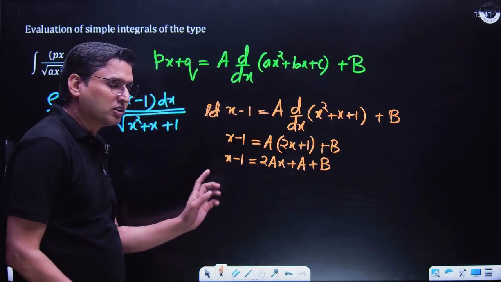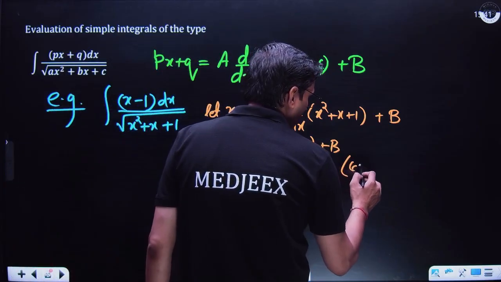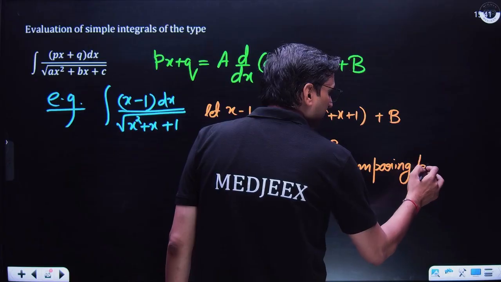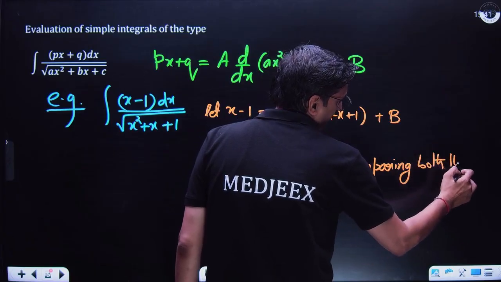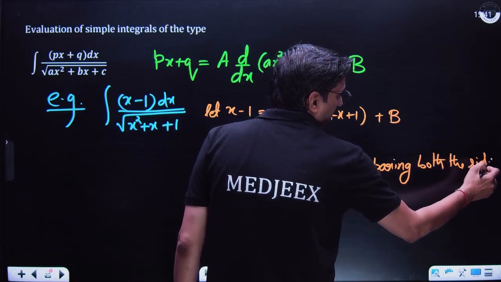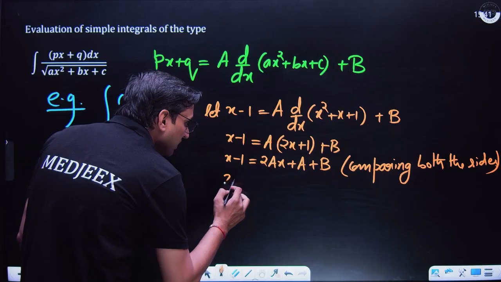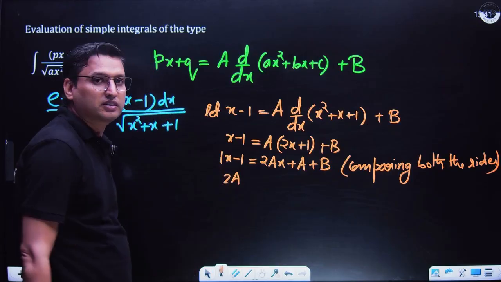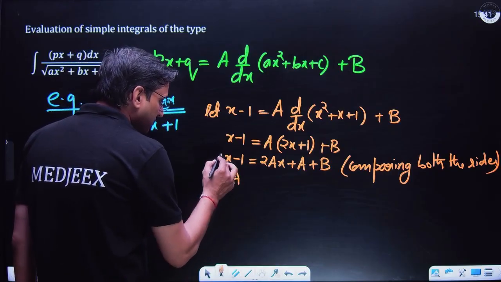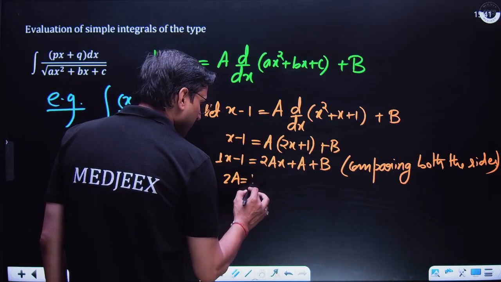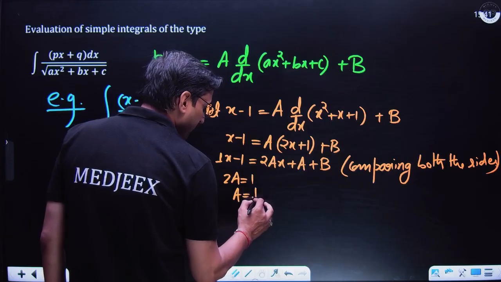Now comparing both sides, the coefficient of x is 1. Then 2a will be 1 and a will be 1 by 2.